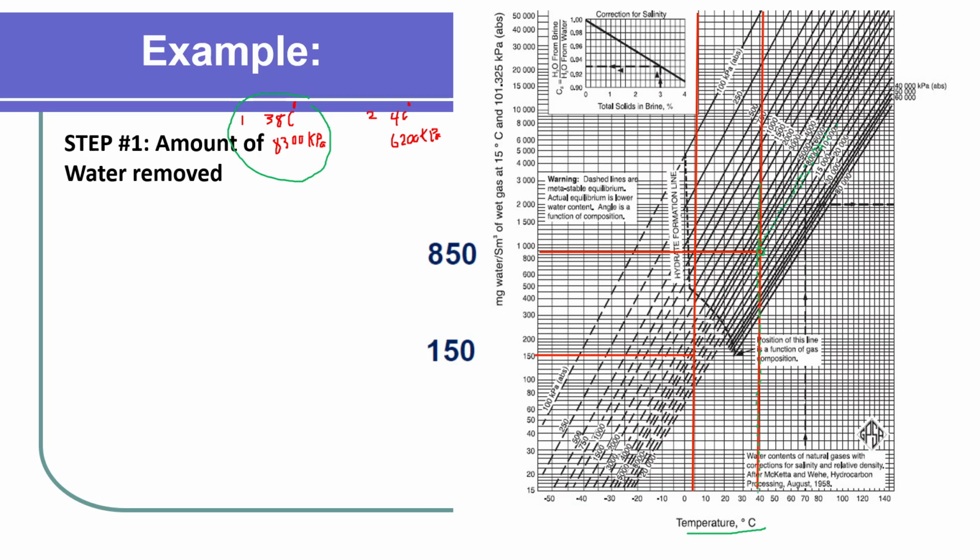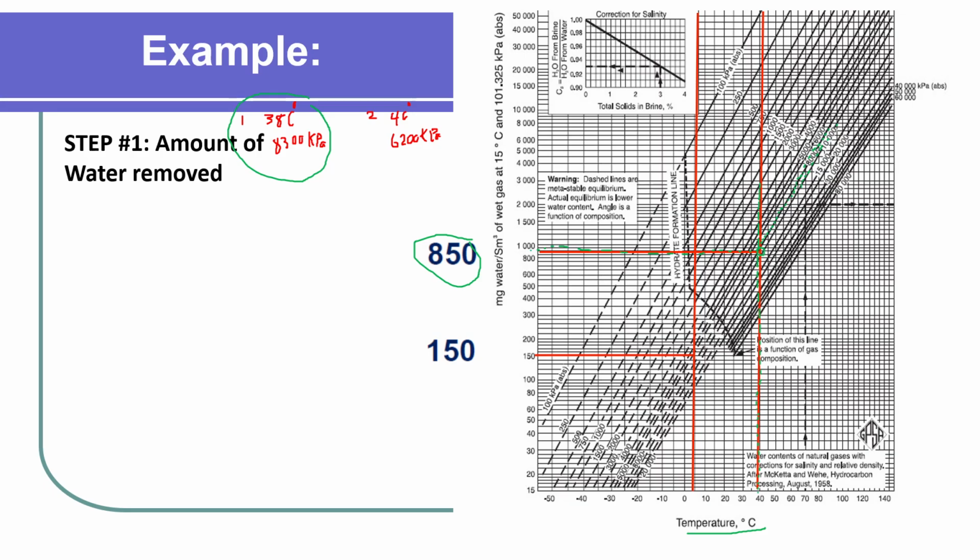And if I go horizontally, this will be equivalent to approximately 850 milligram of water in the standard meter cube of gas. So at the inlet condition, at condition 1, which is the outlet of the offshore plant, the water content of the gas stream will be 850 milligram of water in each meter cube of the gas.